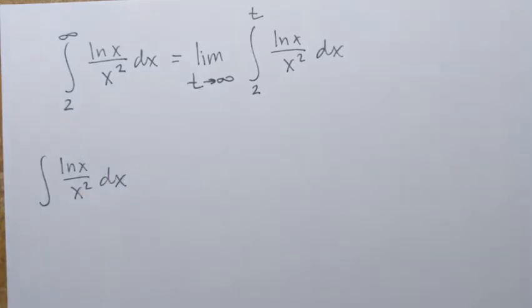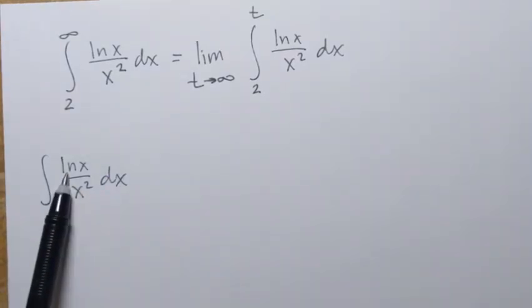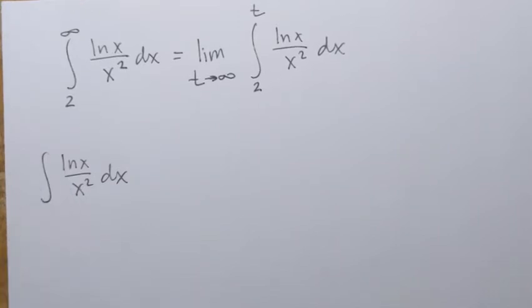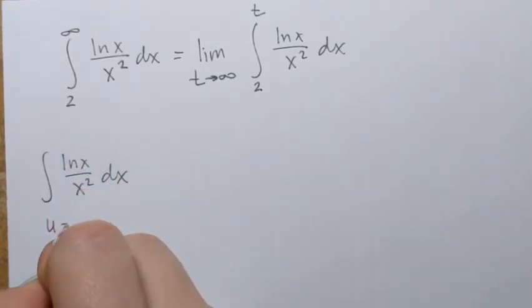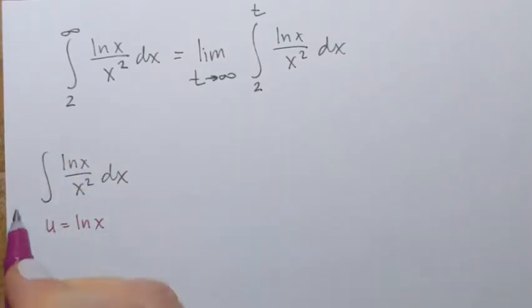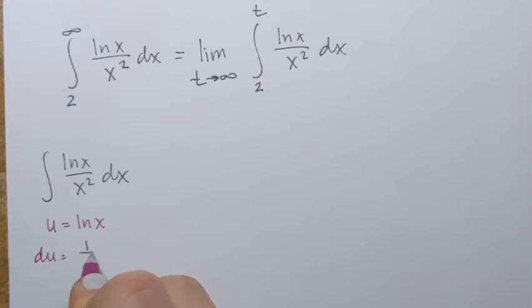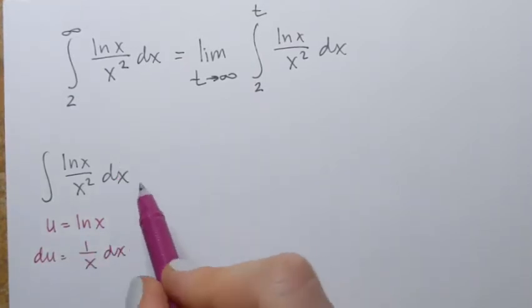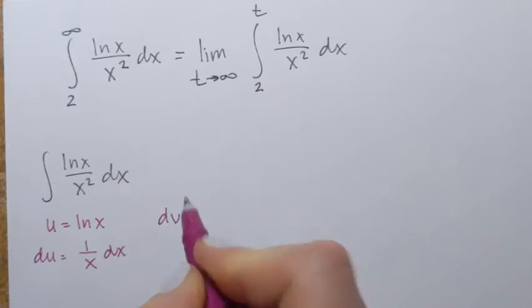Let's see. Since we have ln involved, and we know that we don't have an antiderivative of ln, we have no choice but to use integration by parts. So u is going to be ln of x. That means that du is 1 over x dx. And dv has to be the other part.